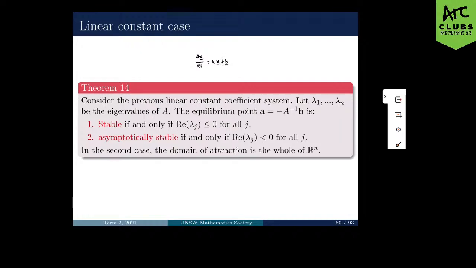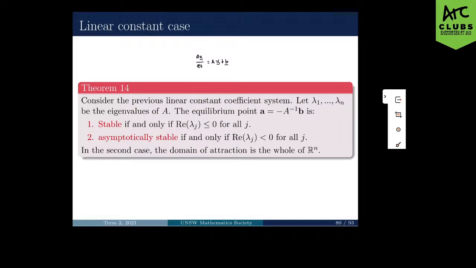The equilibrium point, minus the inverse of A times b, is stable if and only if all real components of the eigenvalues of A are less than or equal to 0, and asymptotically stable if and only if the real components of the eigenvalues are strictly less than 0.